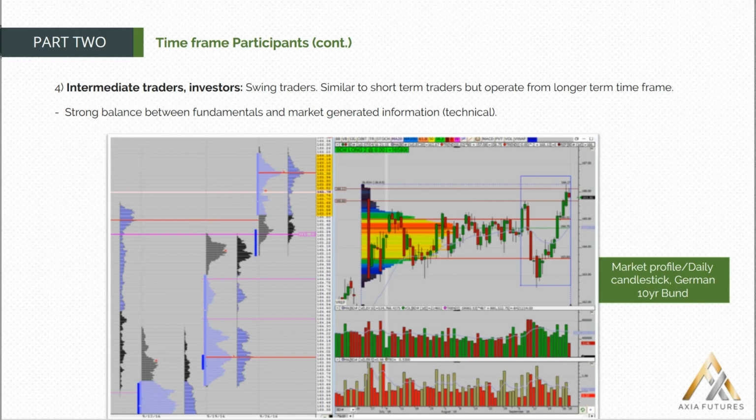Now, an intermediate type trader or an investor will look to continue to hold this market so long as it keeps holding this one time framing pattern or making these higher lows and higher highs. As we can see, they tend to use daily type candles as opposed to the shorter term time frames that the short term trader would typically use.